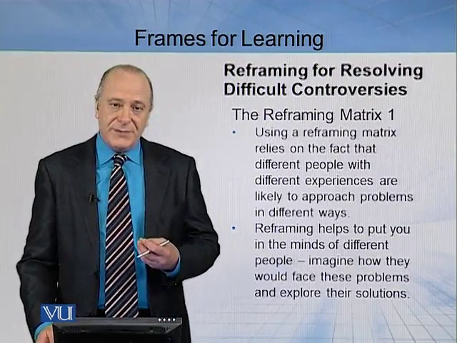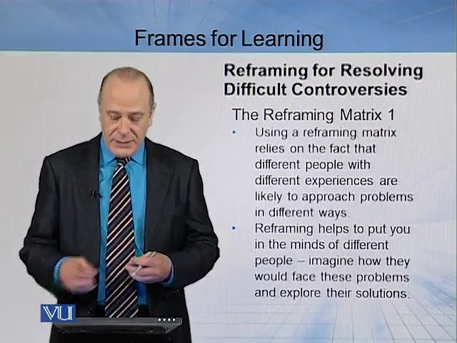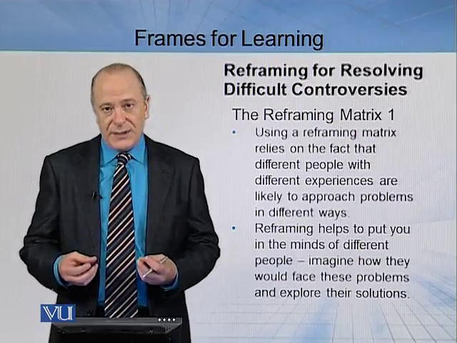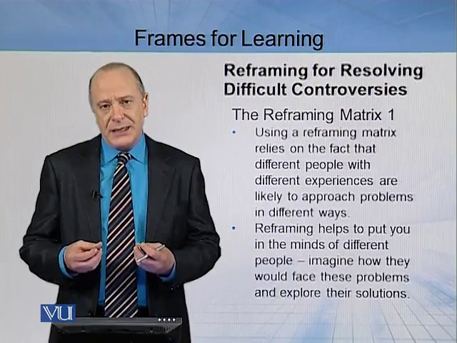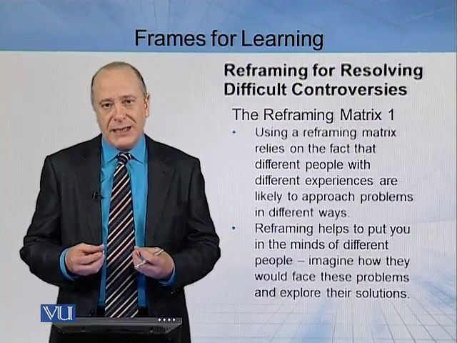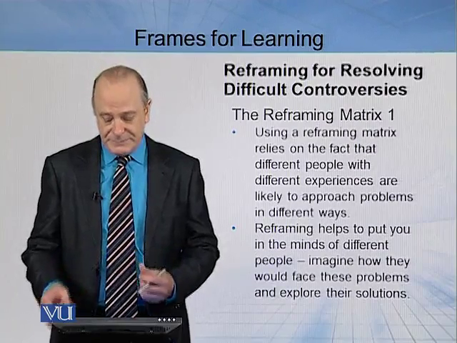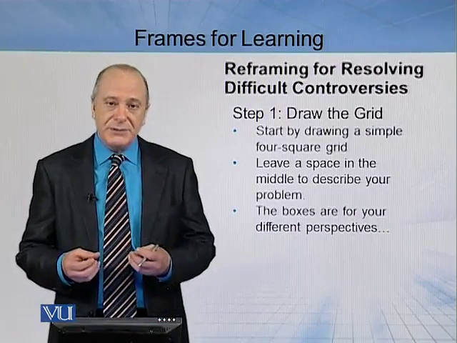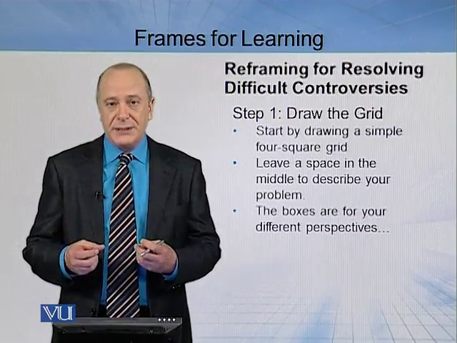What we can do is use a very simple matrix to help us reframe particular problems. By using a tool such as this, it simplifies the situation and forces us to look at problems or issues from those different perspectives. And the simple thing to do is to start with a 4-square grid.